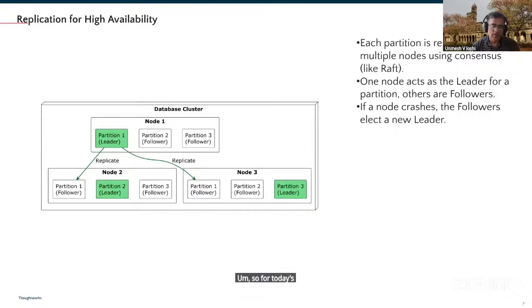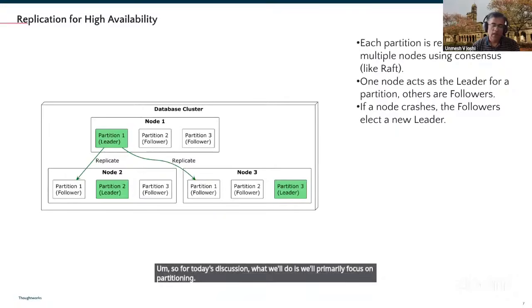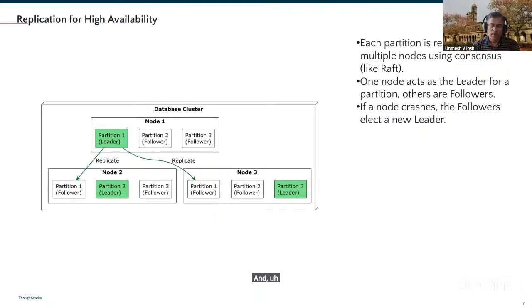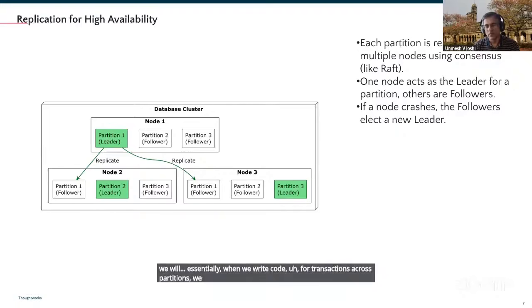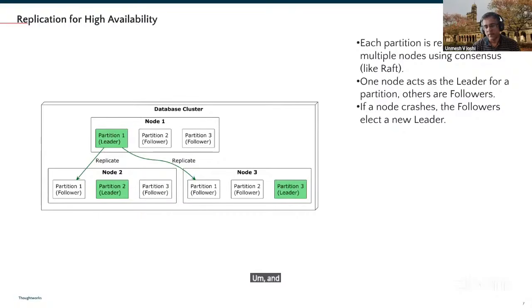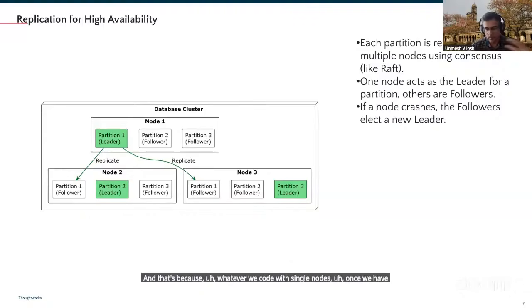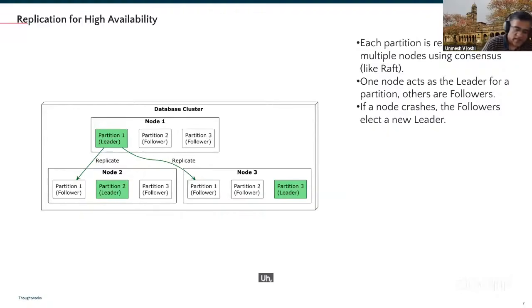So for today's discussion, we'll primarily focus on partitioning, and when we write code for transactions across partitions, we'll be doing that with only a single node. That's because whatever we code with single nodes, once we have consensus across replicas, it will work exactly the same when that partition is replicated.